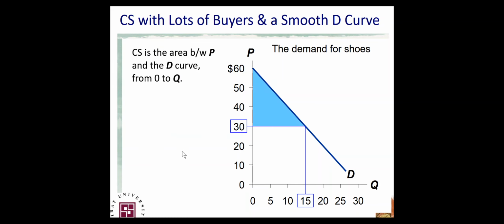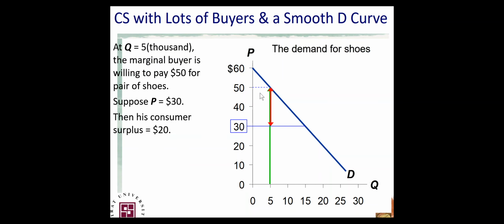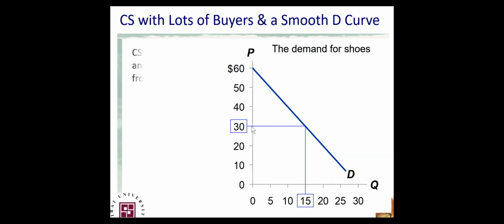And in that case, how can we calculate the consumer surplus based on this? We said it's the area between the price and the demand curve, below all this. So this area is exactly a triangle. Look at this, it's shaded now. This is a triangle. How can we calculate the area of a triangle?